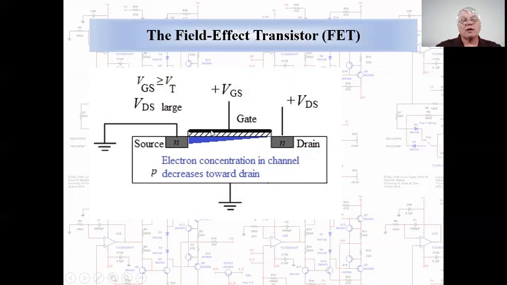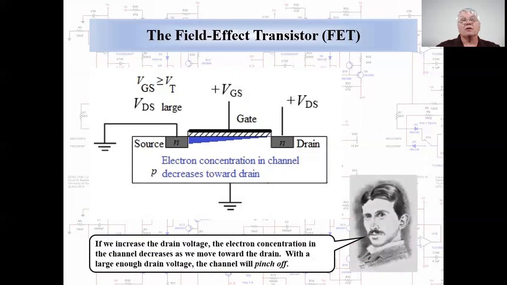And when the drain voltage becomes large enough, I'm not going to specify exactly what that is here for the moment, but you'll have to wait till you take electronics to see specifically what that means, the channel excess electron concentration can taper to zero, and the channel can enter what we call pinch off. But pinch off does not stop the drain current. Instead, it becomes almost constant, independent of the drain voltage.